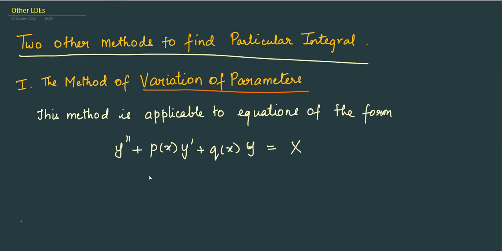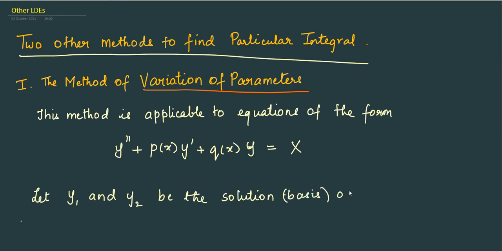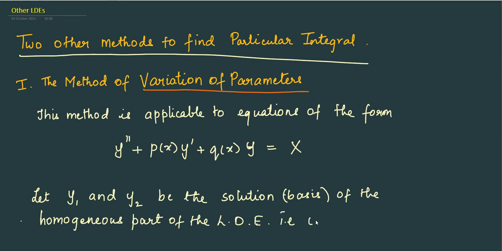Okay, now the method of variation of parameters is like this. First of all, let y1 and y2 be the basis or the solutions of the homogeneous part of the LDE, that is y double dash plus p y dash plus q y is equal to 0.